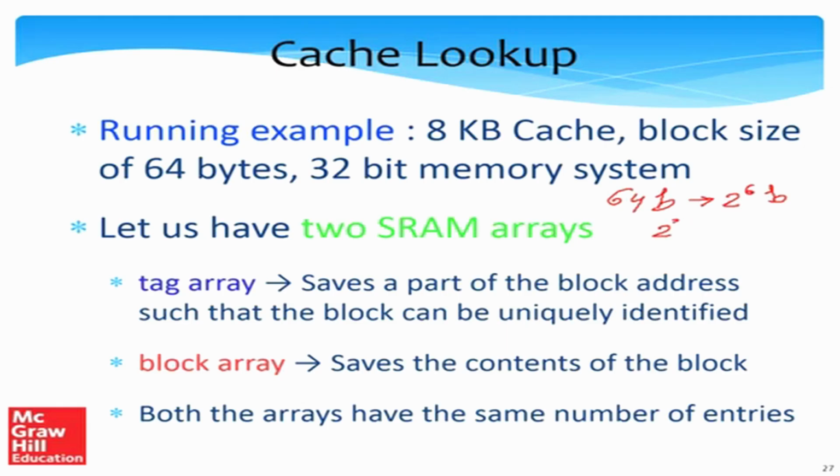It will be 2 to the power 32, because that is the total size of the memory space, divided by 2 to the power 6, which is the block size. So maximum we can have 2 raised to the power 26 blocks. So a block address is 26 bits, right? Because 6 bits are taken away by the address of the byte inside a block. So a block address at the most is 26 bits, which means that we need 26 bits to uniquely identify a block.